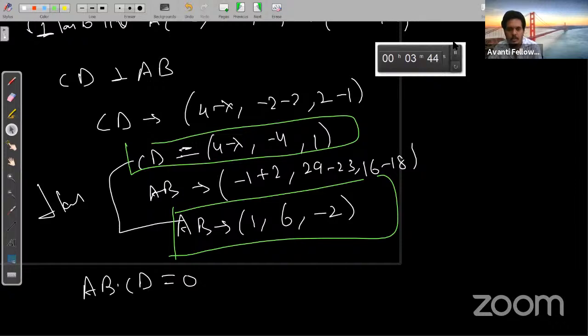Come on, tell me what could be the value of lambda.